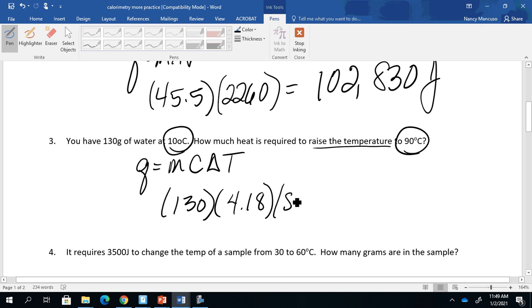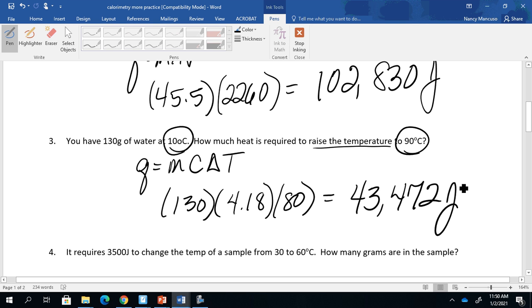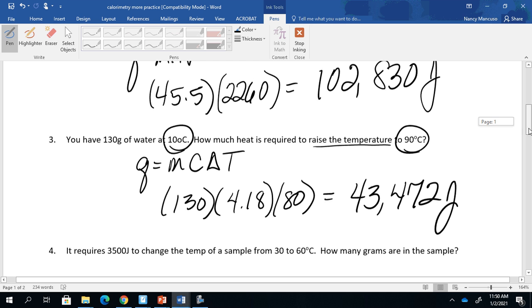So 10 to 90, I'm changing it 80 degrees. All right, I'm punching into the calculator. 130 times 4.18 times 80. And I get 43,472 joules.